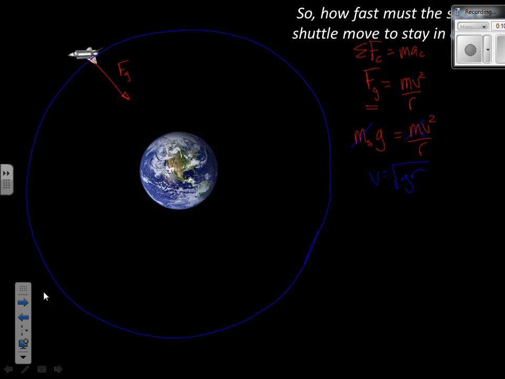But wait a minute, we don't know what g is out there. So instead of just writing this as mg, let's write it as gravitational force: big G, mass of the Earth, mass of the space shuttle, divided by the square of this radius from here to there. There's r. Now that equals m shuttle v squared over r.